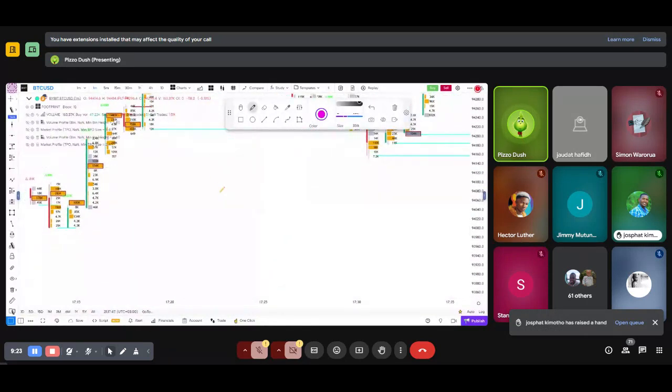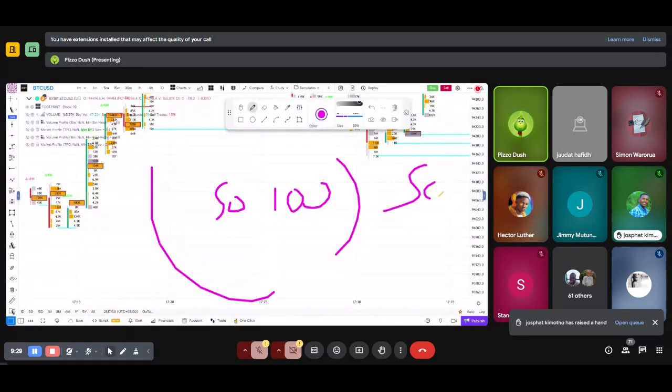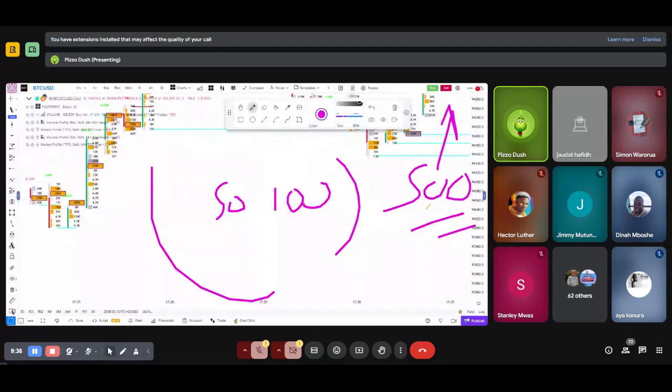Kuna currency pair fulani utafungua uone volume ina range maybe kutoka 50 to 100, then all of a sudden uone like 500 contracts. So utajua nini? That's an abnormal number of volume and it's most likely to move the market either up or down depending kama ni buyers walikuwa wengi ama ni sellers walikuwa wengi.